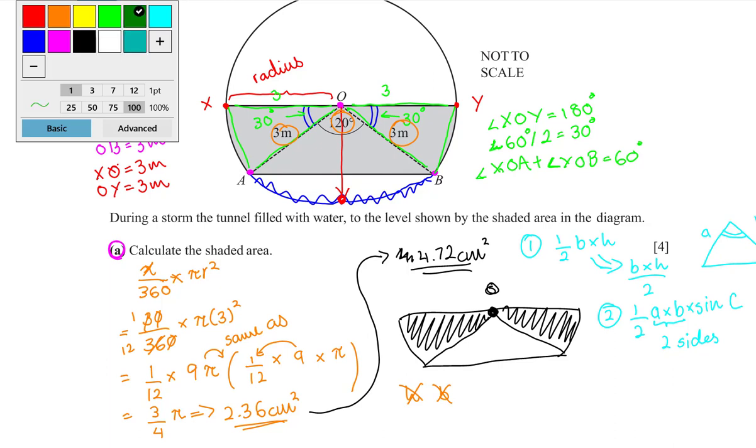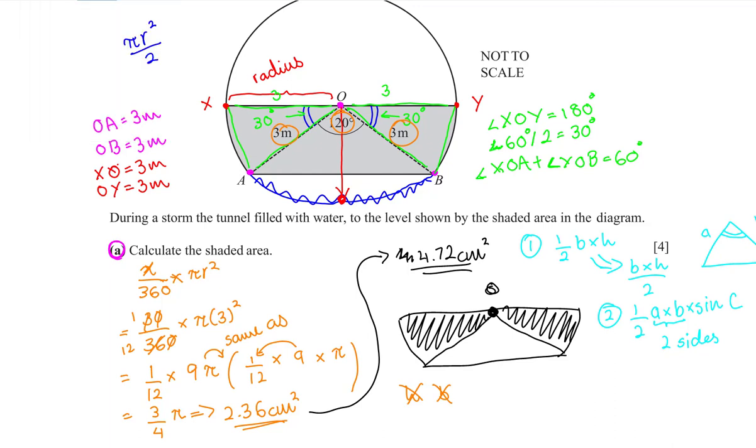Now we're using the formula half times a times b times sine of c. Here a is 3 and b is 3, with sine of angle 120. So we do half times 9 times sine of 120 degrees, and therefore this would be 4.5 multiplied by sine of 120.